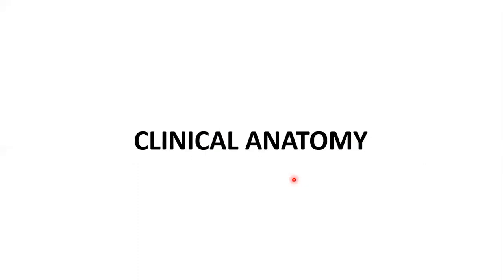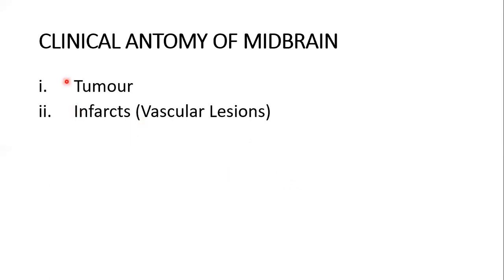Few words about the clinical anatomy and diseases. Very important to be heading we study tumor and the infarcts, the vascular lesions. Infarcts will be the vascular lesion. After there can be trauma, of course. Various parts of the brain move at a different velocity when there is some injury, like the midbrain passes through an opening in the tentorium cerebri.